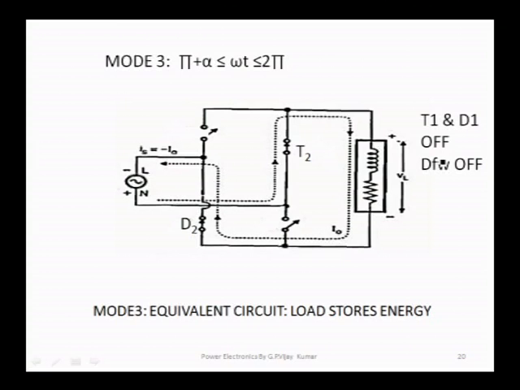The thyristor T1 and D1 are already off, and the freewheeling diode is also off here. Now T2 and D2 are forward biased and are fired at this angle pi plus alpha. Now the source is connected to the RL load through T2 and D2.